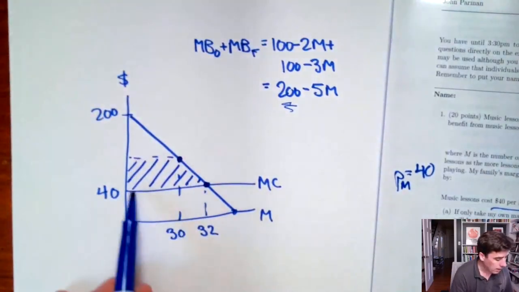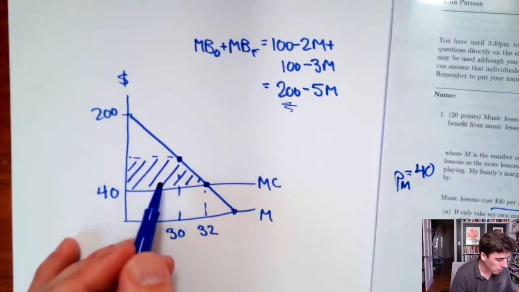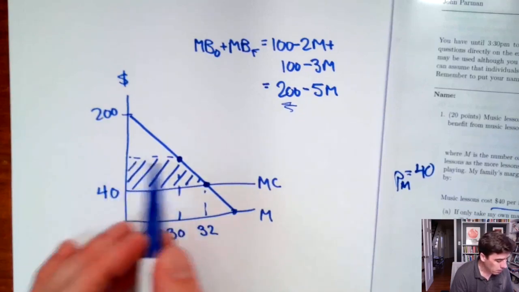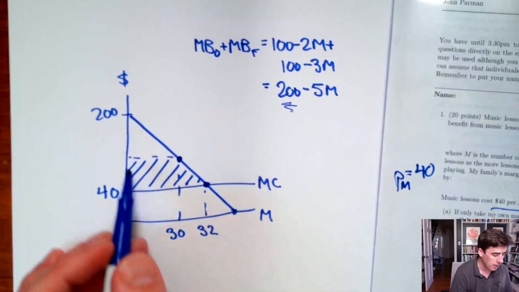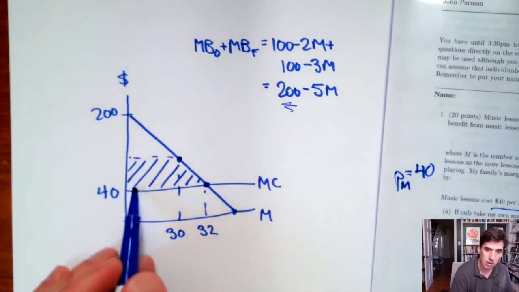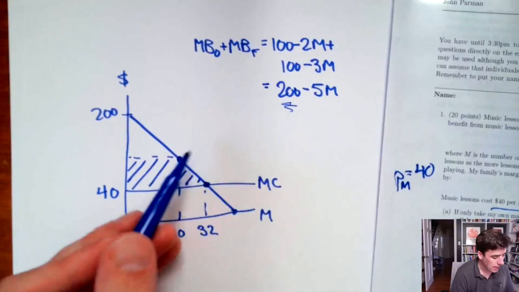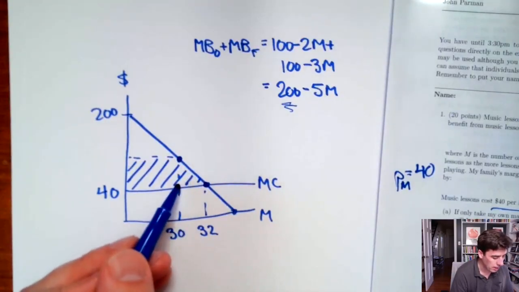So that area is new area below the marginal benefit, above marginal cost, right? So you might wonder, why are we getting this extra benefit here? Well, that's coming from the subsidy, right? The subsidy means that each one of those lessons costs less than they did before the subsidy, right? And now we're also getting additional surplus from those new lessons.